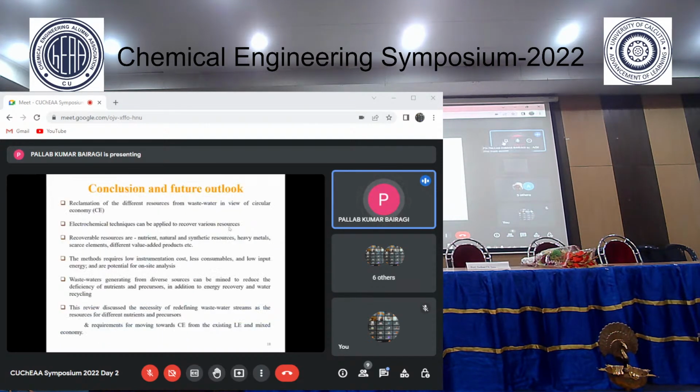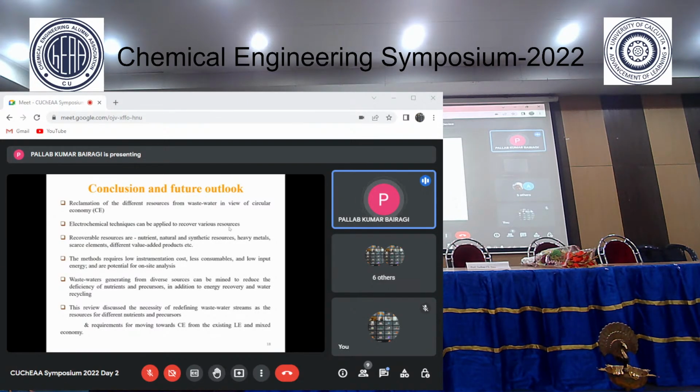With this, I wish to conclude the study. Reclamation of the different resources from wastewater in view of circular economy is discussed in this review. Prospect of electrochemical techniques to recover various resources is described. The commonly recoverable resources from wastewater are nutrients, natural and synthetic resources, heavy metals, different scarce element, different valuated products.